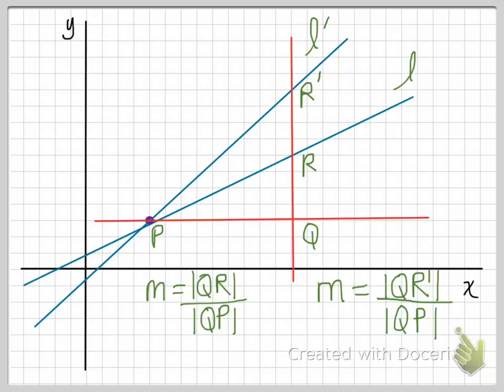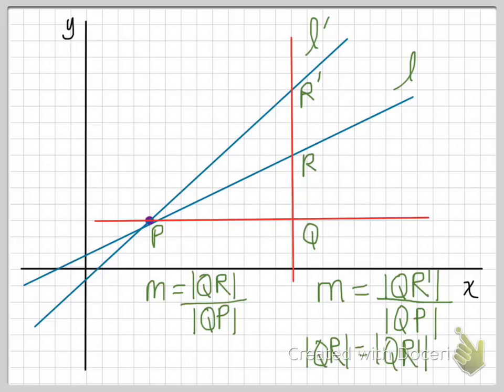Okay, so since we started out by saying that these two lines had the same slope, then I'm saying that this ratio and this ratio are the same. So what that means is that length QR is equal to length QR prime.